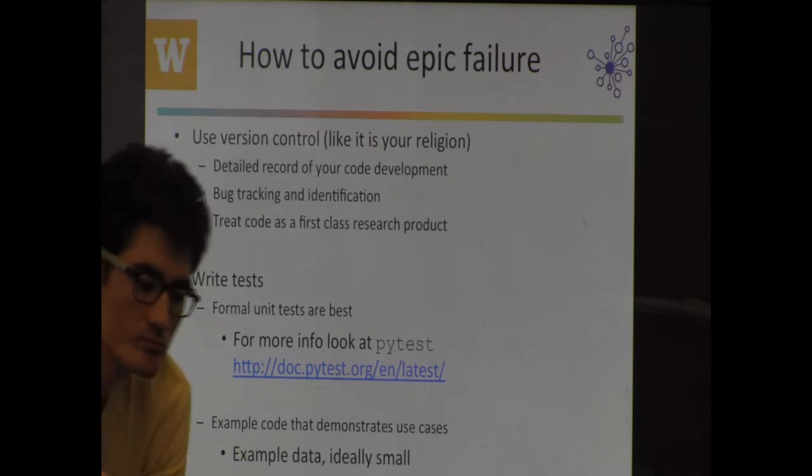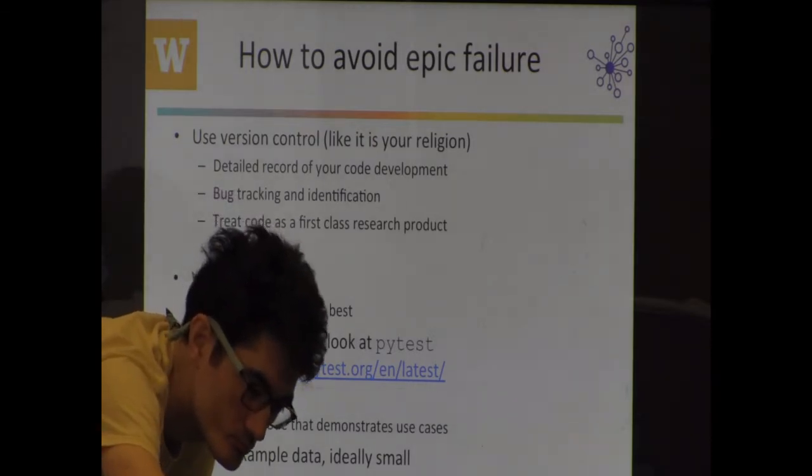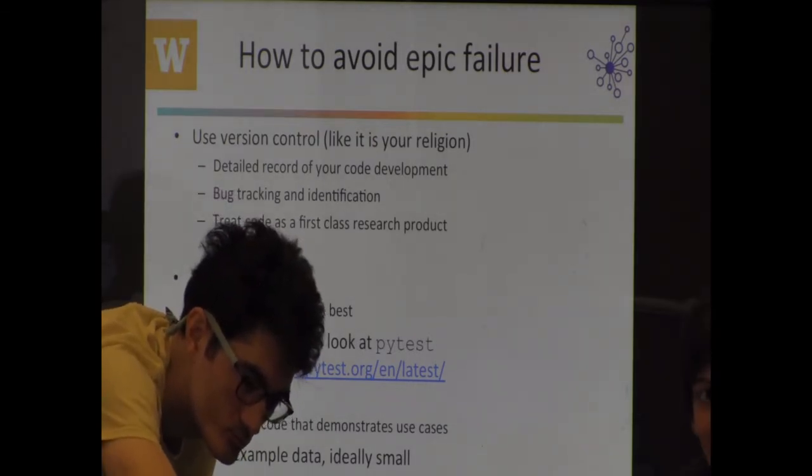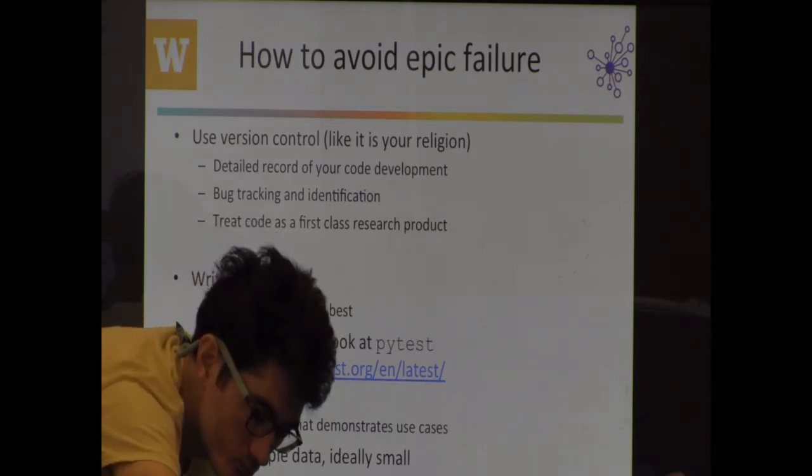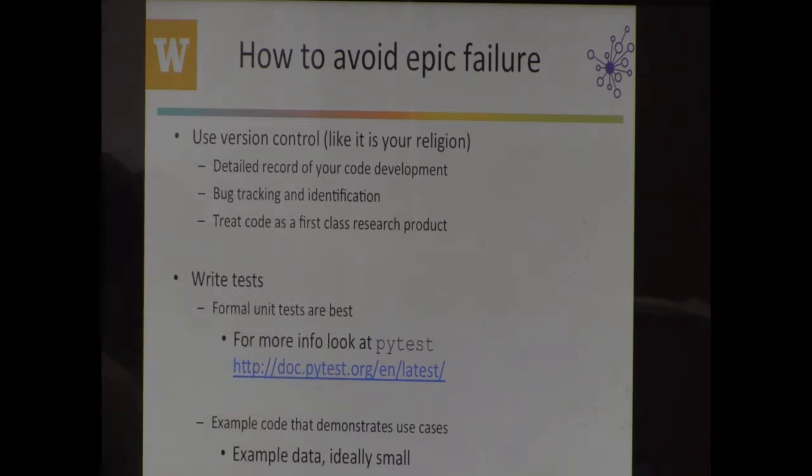Yes? So one thing I've struggled with unit tests is usually in science you don't know the results of your analysis. Yeah, that's a great point. So it's difficult to know what the result should be, right? In that case, it's good to think about how you can create a defined input where you can have an expected output.